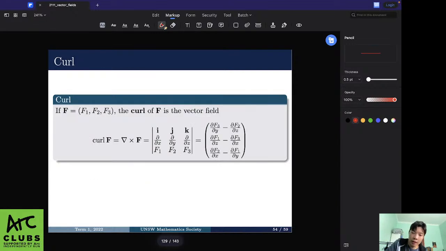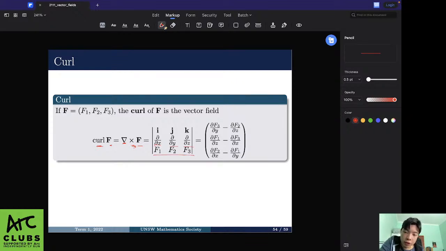So, how do we find curl? Well, curl is denoted as the word curl and then an f. So it's also nabla cross product and then f. And of course we see nabla right here with its partial diffs, and then our vector field right here in its cross product.